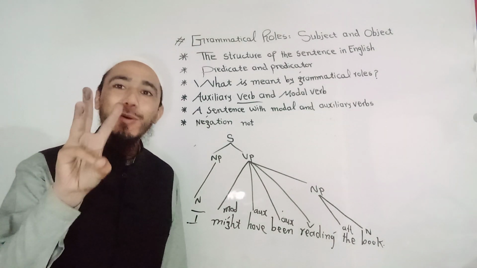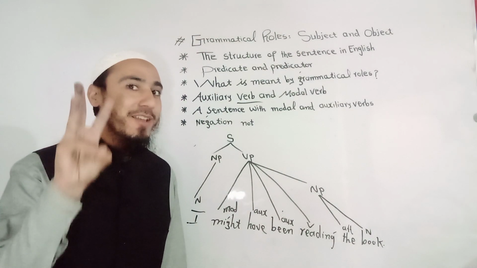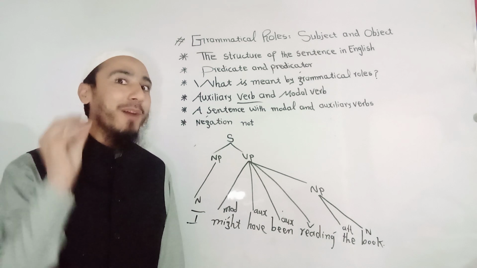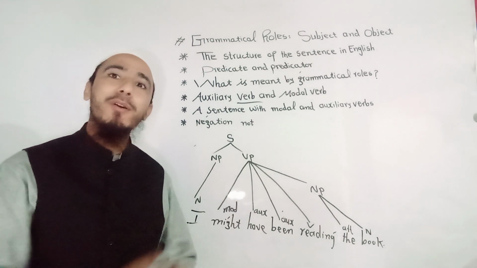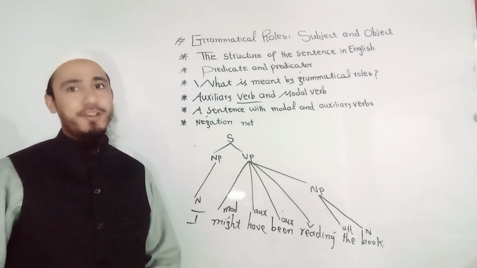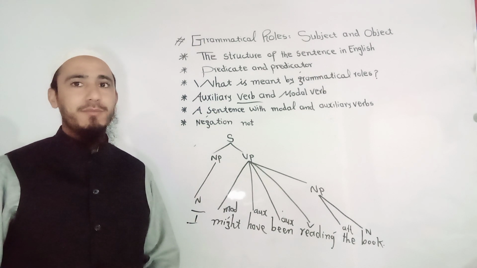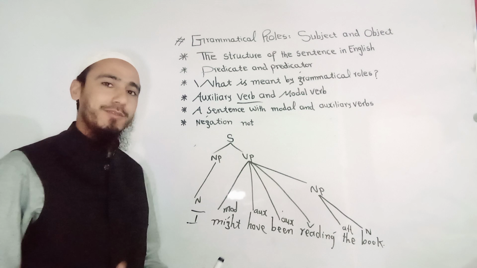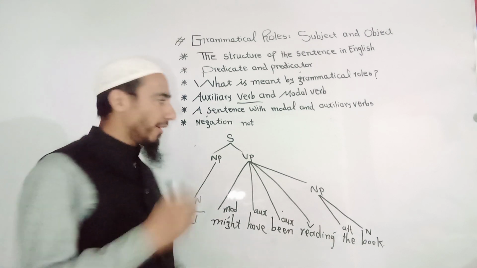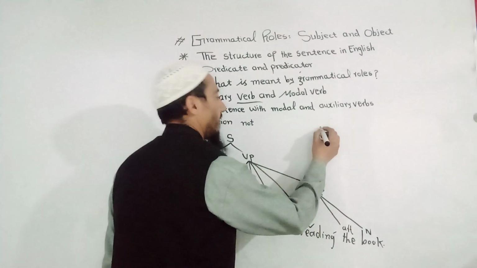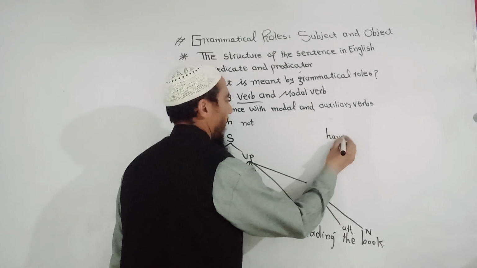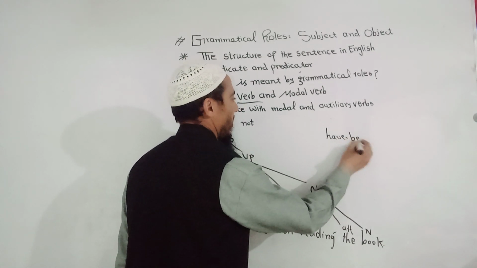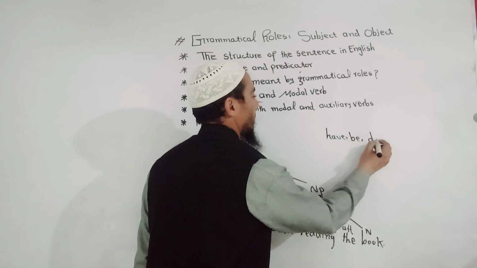We have only 3 auxiliary verbs which function both as a main verb and as an auxiliary verb. This is important for MCQs as well. We have 3 of them: for example, have, be, and do.